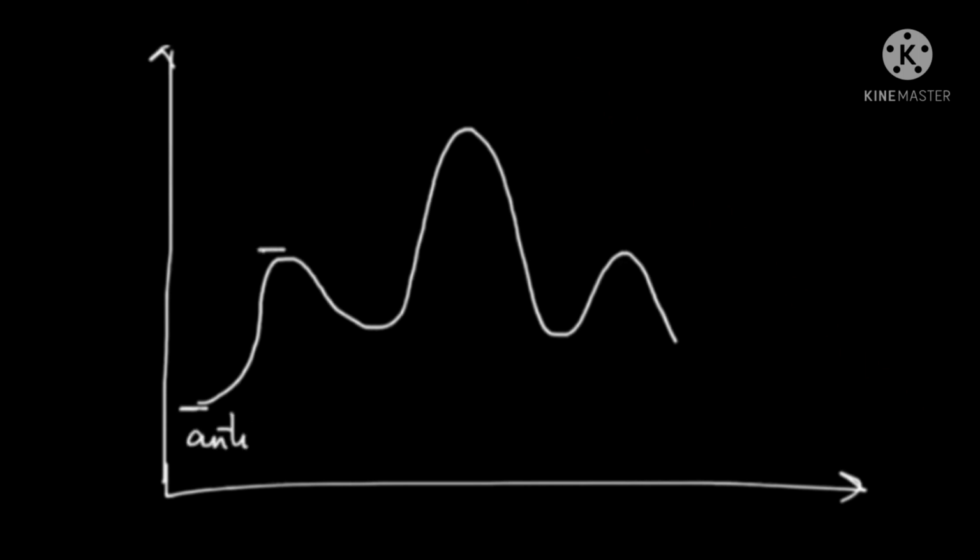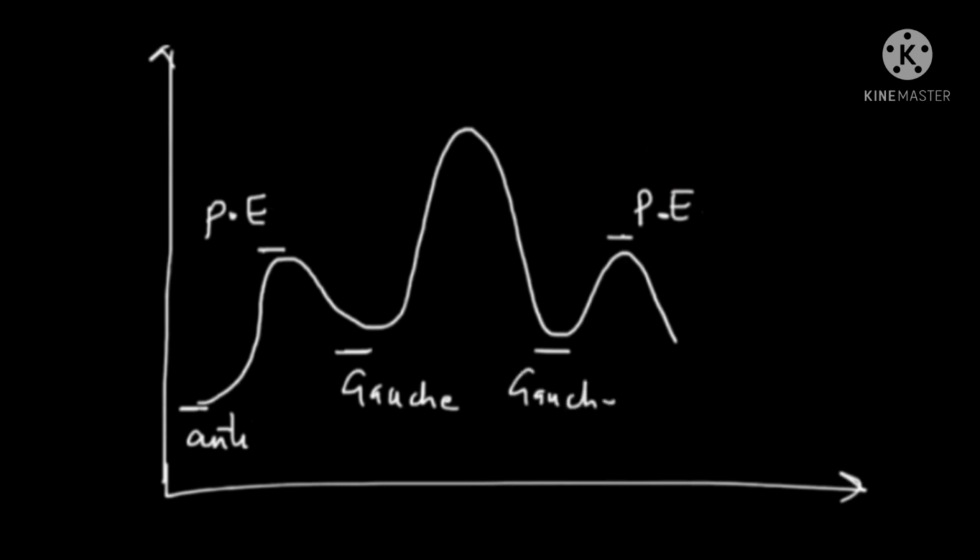These two hills are the partially eclipsed conformations. Okay, the gauche forms are lower because they are more stable, and this topmost hill, which is the highest in energy, is for the fully eclipsed form. This is the energy diagram.